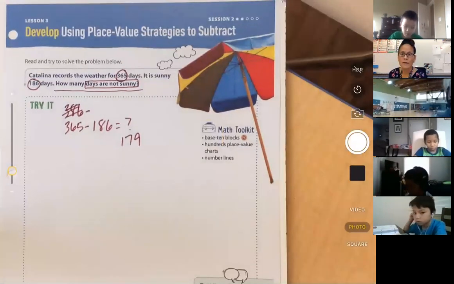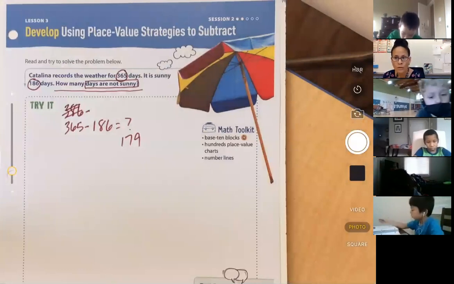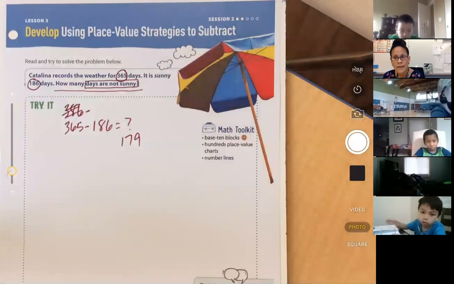Could we, through our discussions yesterday, check our work to make sure that what we've done is correct? Yes, we can. And we can use what we call the inverse operation to check it. Because remember, addition and subtraction are inverse operations.